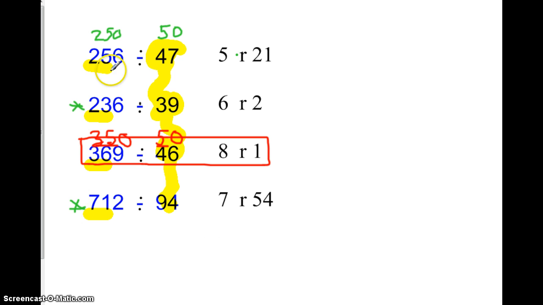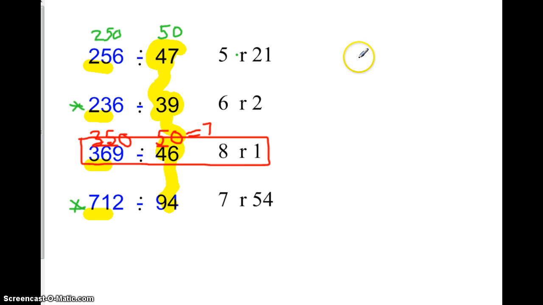Because I'm always looking at the first two numbers and then the first number of the divisor. So if I do the long division on that, my estimate or my answer to that would be 7. So I'm estimating that 369 divided by 46 is about 7. That's my estimate.